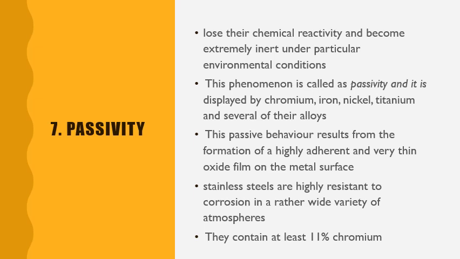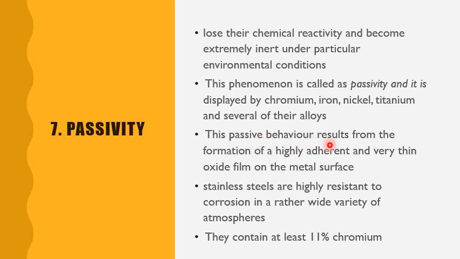So let's study it in detail. Metals lose their chemical reactivity and become extremely inert under particular environmental conditions. These are the metals which are passive. This phenomenon is called passivity, and it is displayed by chromium, iron, nickel, titanium, and several of their alloys.